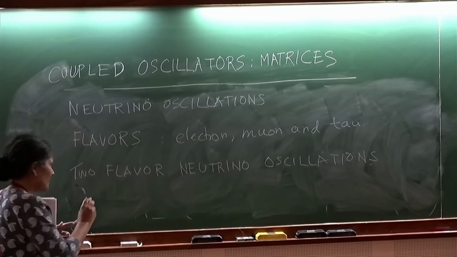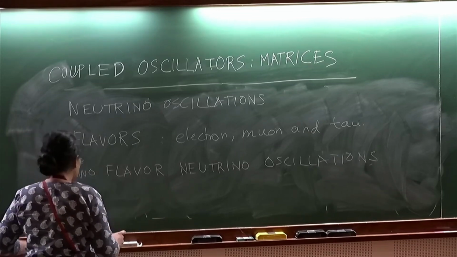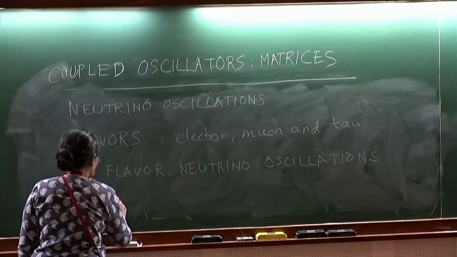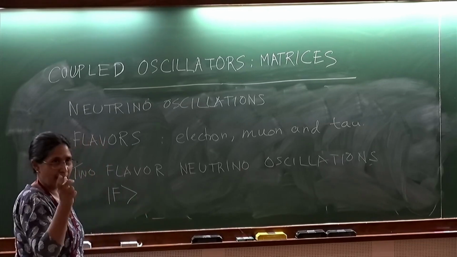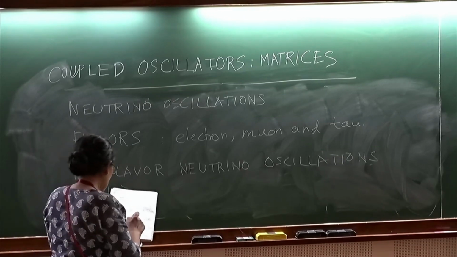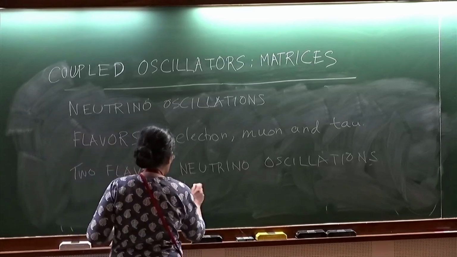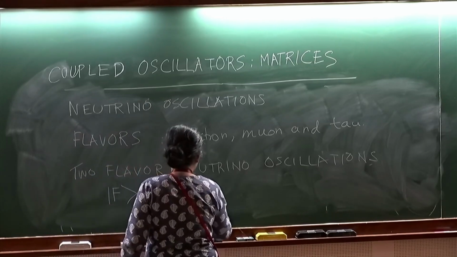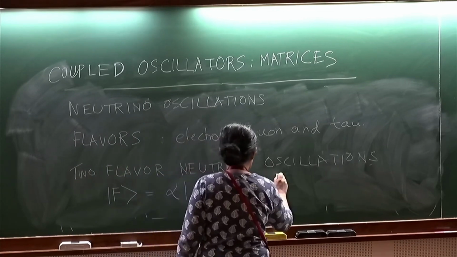A flavor state, you can schematically write. Now this is where the mass eigenstates would come up. You can write a flavor state as a linear combination of 2 mass eigenstates.